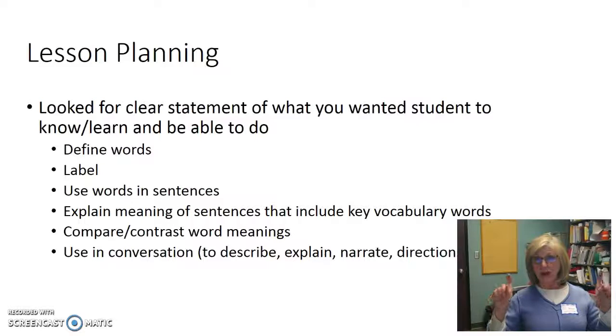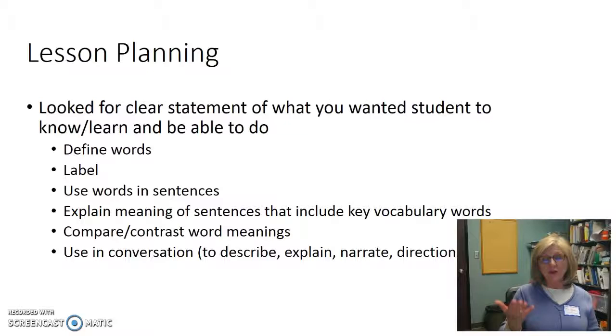Again, this is what your lesson objective might be, to be able to read sentences that have the vocabulary word and explain what the sentence means. And they would have to use their understanding of the key vocabulary word in order to tell you what the sentence means. I can see that. I know what I'm working towards.